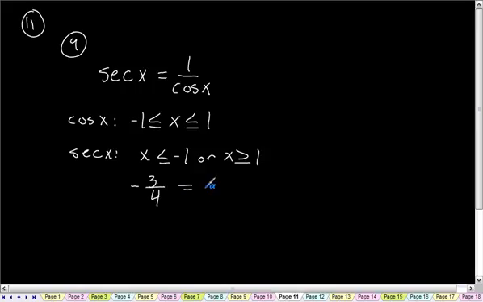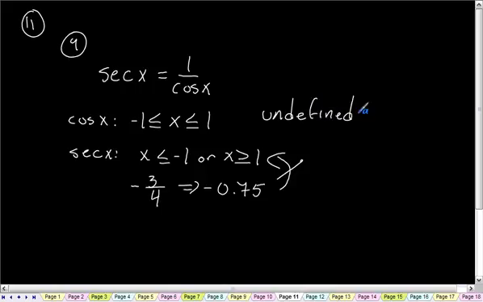That is negative 0.6. That is not in the domain of secant, so it's undefined, and there is no value for any angle defined in that because it's not within the domain of secant.